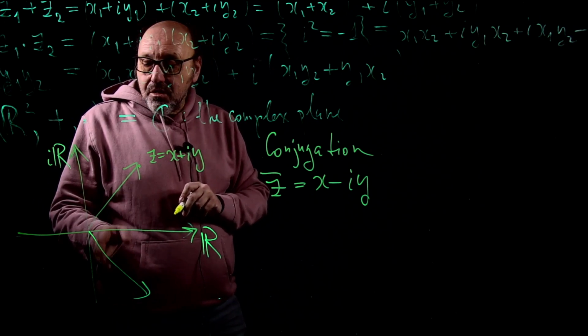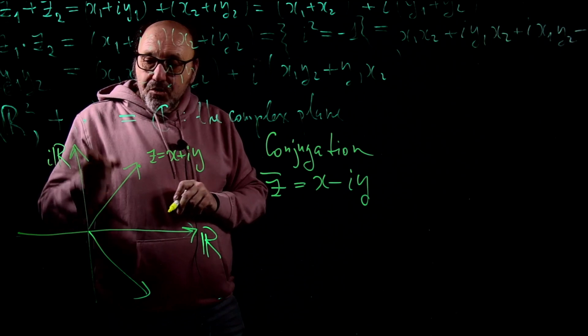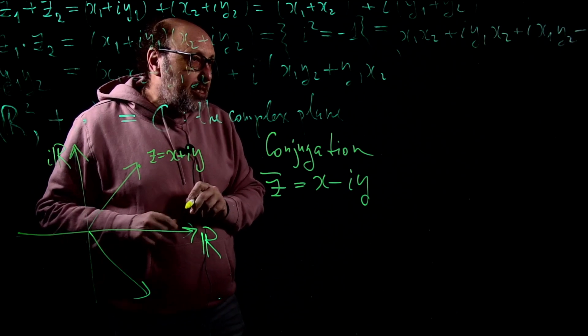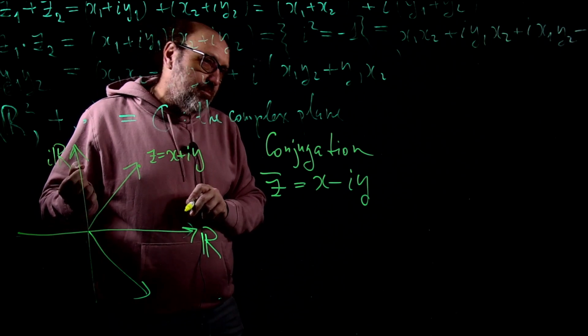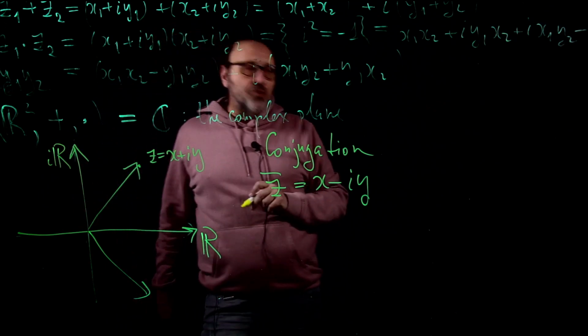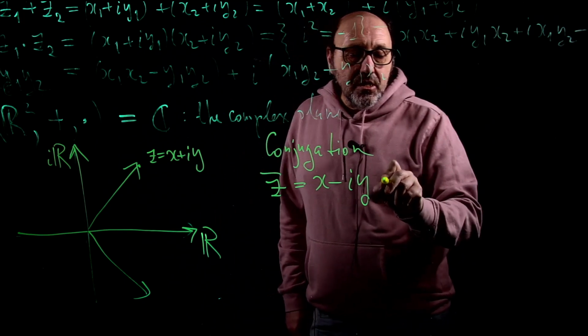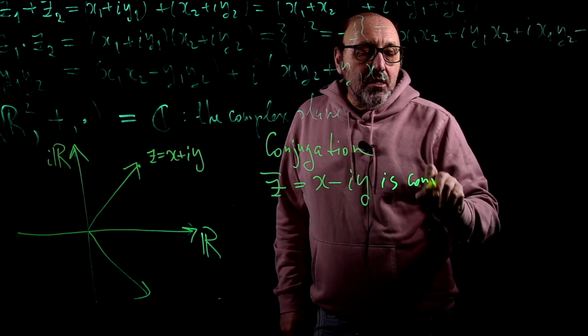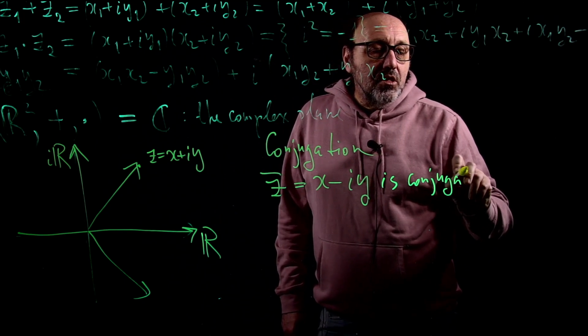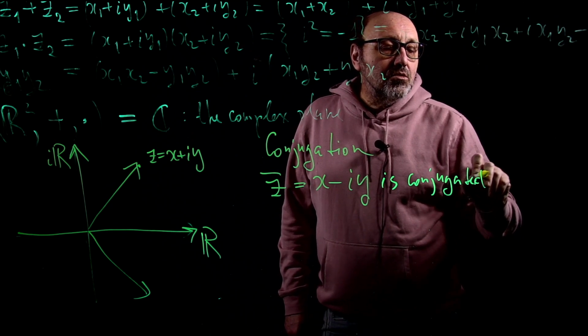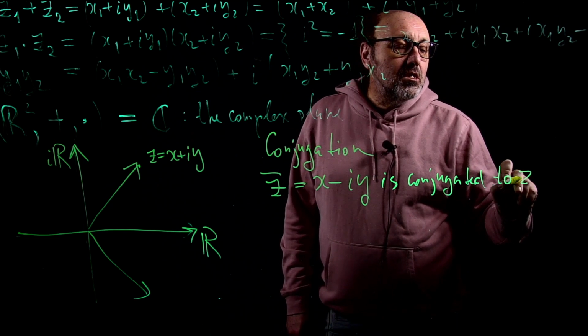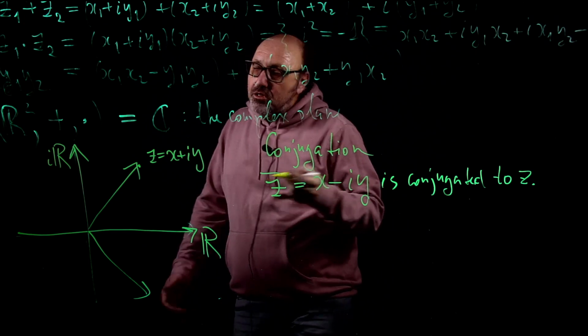Why? Because complex numbers which are located on this axis are of the form I multiplied by y, right, with real y. Okay, so this is z conjugated to z. But the operation of conjugation is very easy to check.